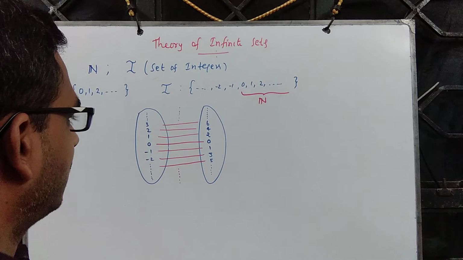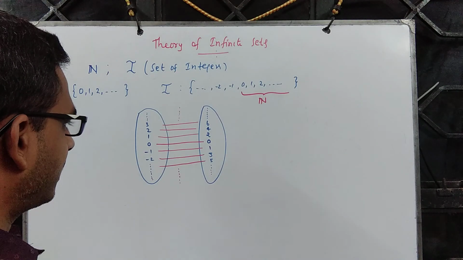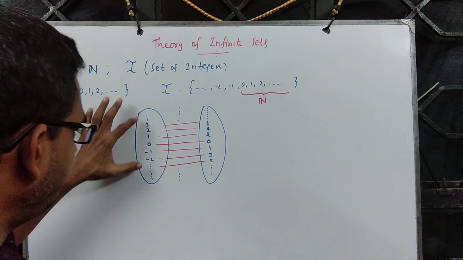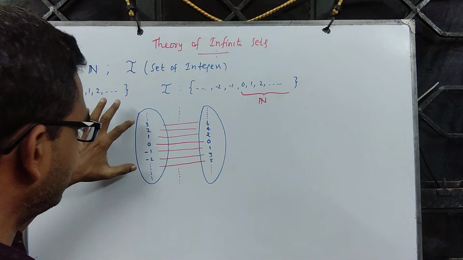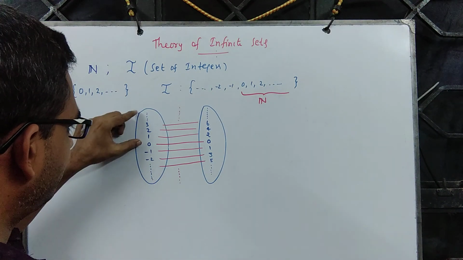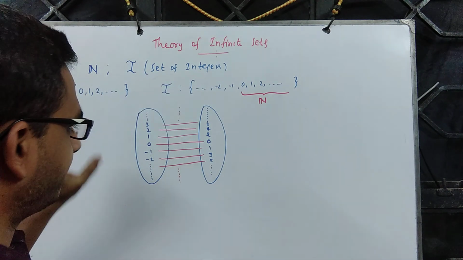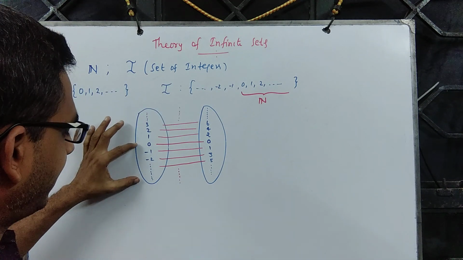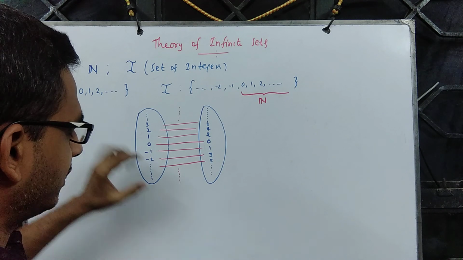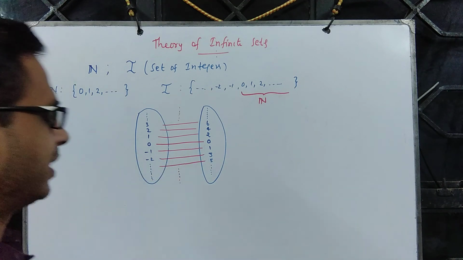Fine. Now you see that if you take an element from this side, they are all mapped to even natural numbers. If you take an element from here, they are all mapped to odd natural numbers.